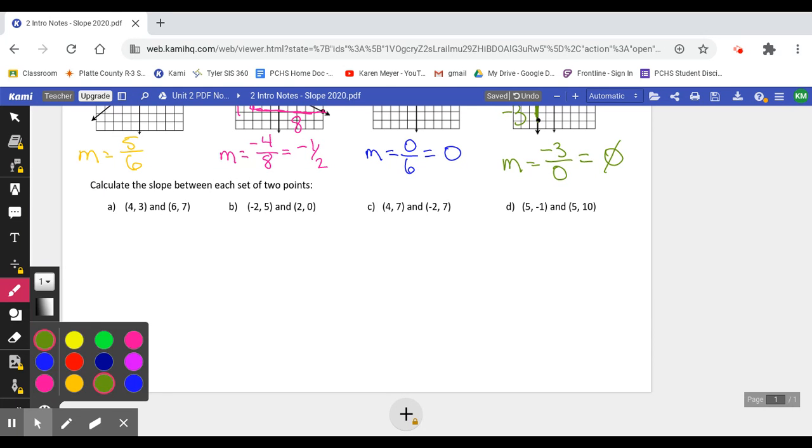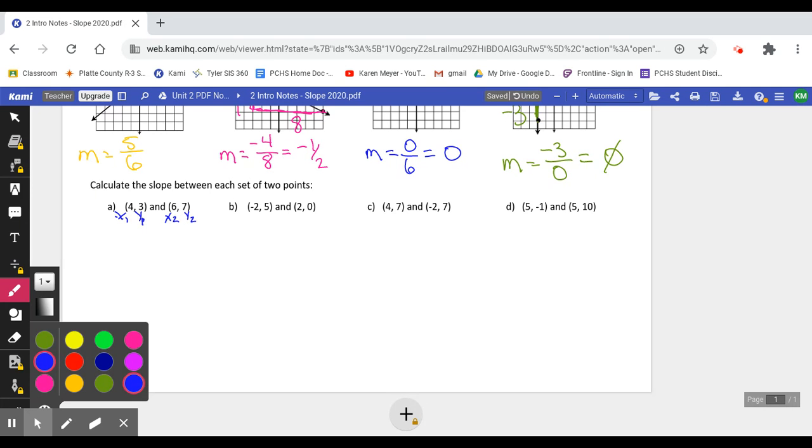So now the last examples, this one I want you to actually use our formula. So on the first one, 4 is going to be considered x1, 3 is y1, 6 is x2, and 7 is y2.